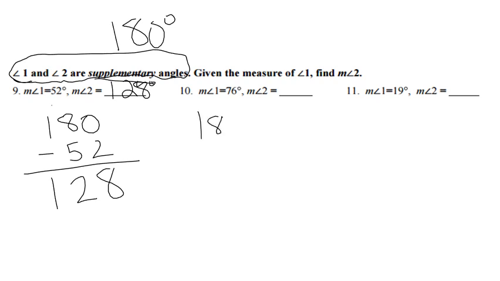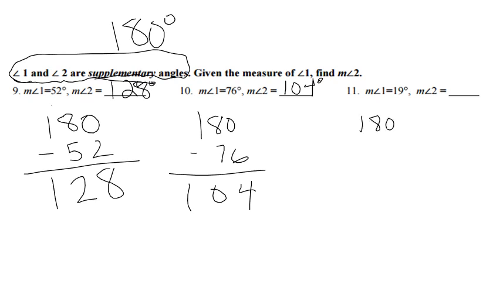Here we spent $76. So we have $104 to spend on angle 2. Let me fix my 4 a little bit. And here we spent $19, not very much. So we have $161 for degrees for angle 2. And that's how supplementary and complementary work.